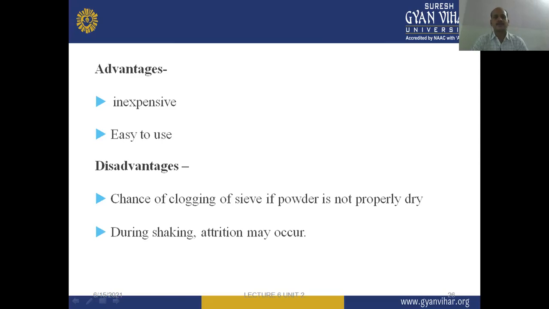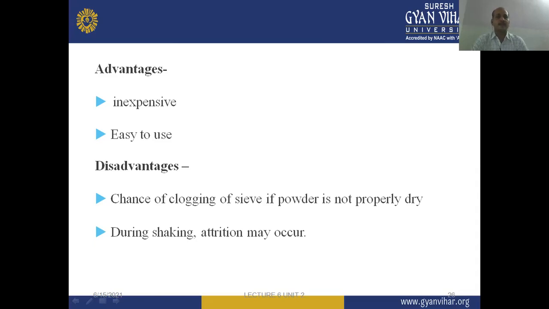But in the sieving method, we weigh the particles, or we determine the particle size by weighing the different powder fractions. So it is known as the weight distribution method, and it is also known as an indirect method for particle size determination.